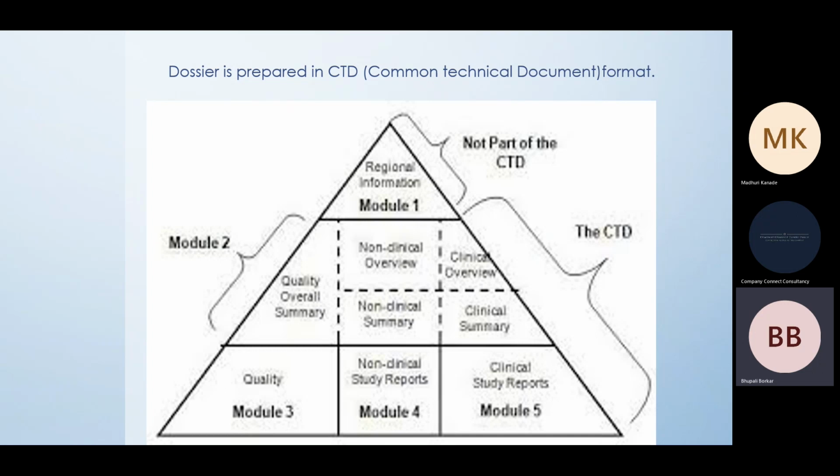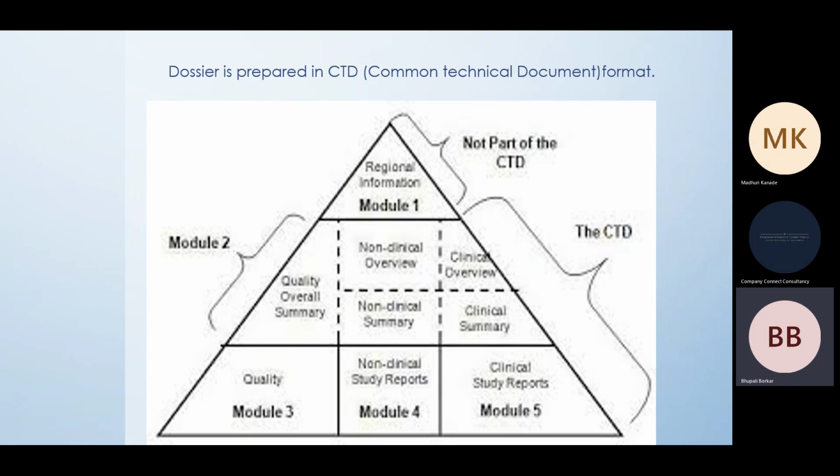Your PIL, what is the MOA of your particular drug, how it acts, what is the toxicology, all that information is written in your SPC, your PIL, and your labelings like carton and labels. So all this is included in your module 1. So module 1 basically includes your cover letter, application form, SPC, PIL and labelings. Along with that, any additional information which you want to give to the authority goes into module 1.